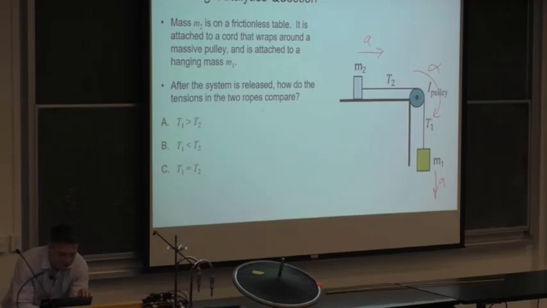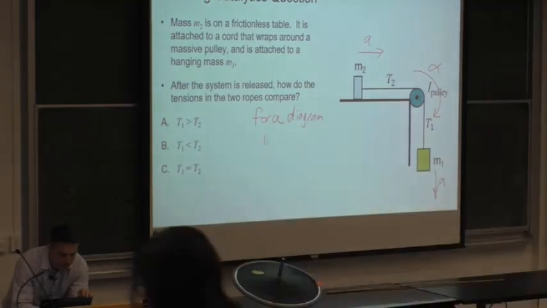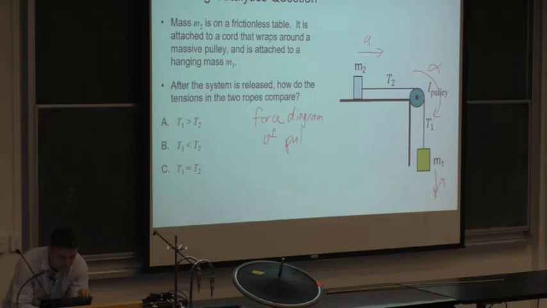So if I do a force diagram of the pulley, it's going to look like this. There's going to be some force on the axis. I don't know what it is, doesn't matter. Then there's going to be this leftward force, tension 2. And then there's going to be this downward force, tension 1.